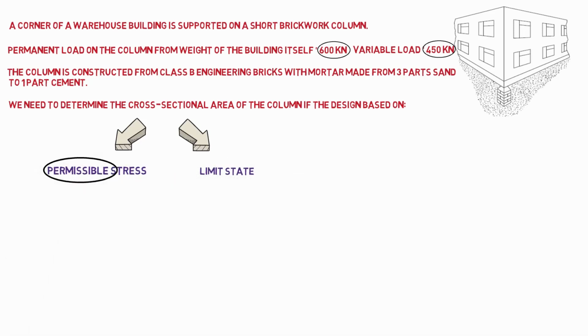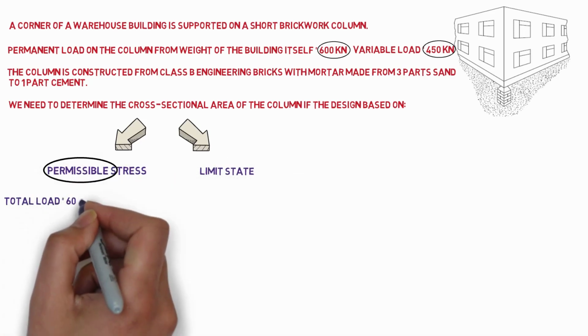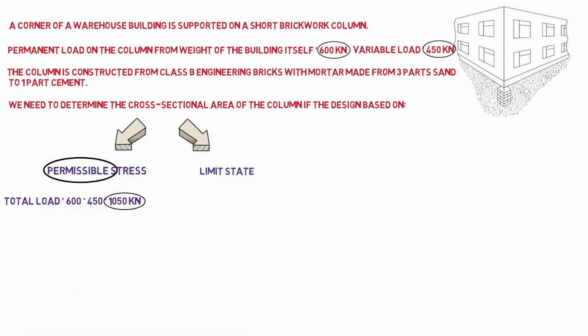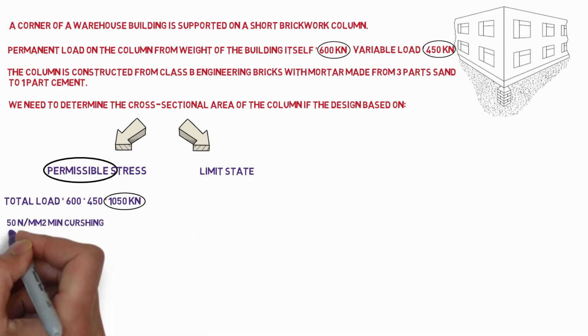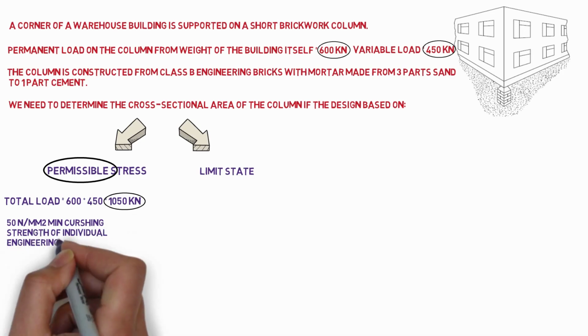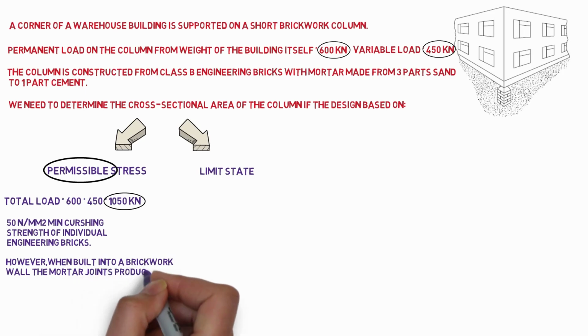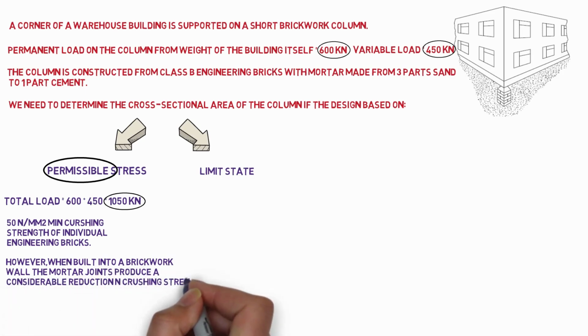Permissible stress method. The total load equals 600 plus 450 equals 1050 kilonewtons. Class B engineering bricks have a guaranteed minimum crushing strength of 50 Newton per square millimeter as individual bricks. However, when built into a brickwork wall, the mortar joints produce a considerable reduction in crushing strength.